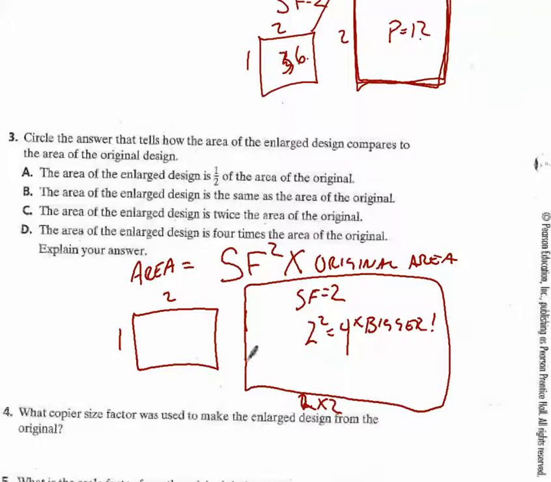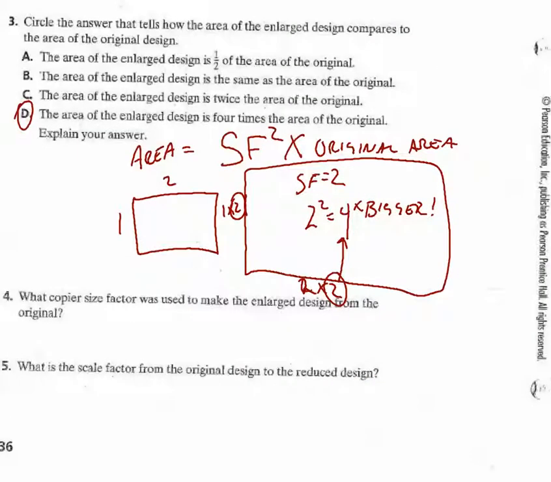This area is my original, 1, times 2. 2 times 2 is 2 squared, which is 4 times bigger. So therefore, it has to be D. What copier size factor was used to, okay, well, 2 is equal to 200%.